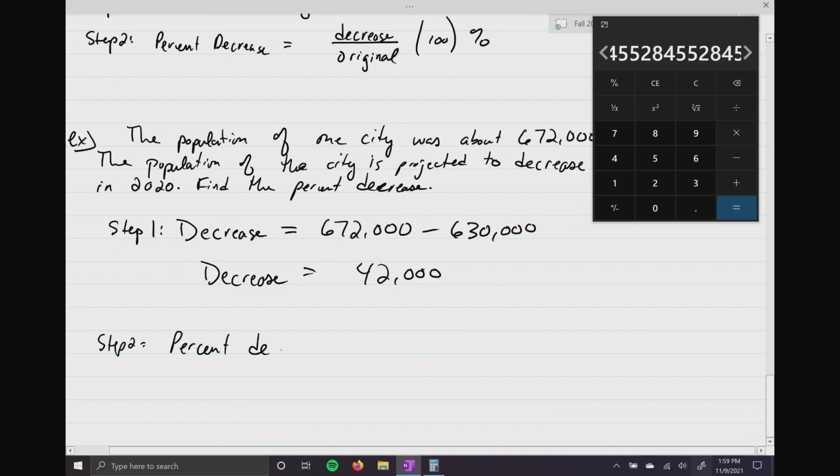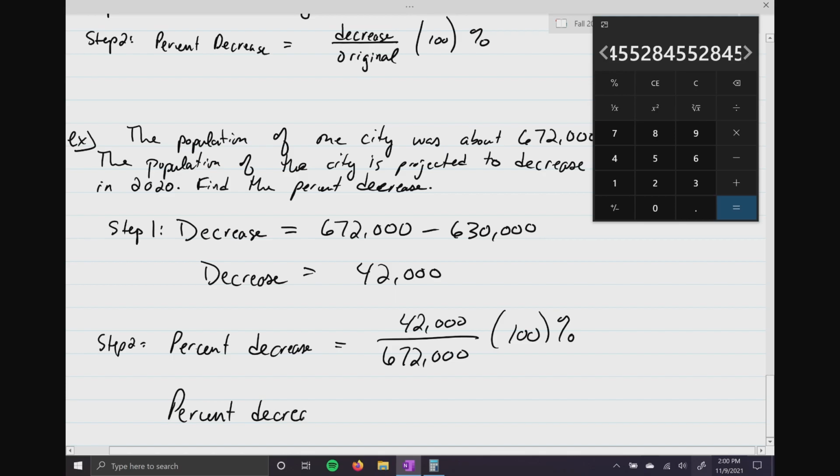So the percent decrease is going to equal 42,000 divided by 672,000. We're going to take that result, multiply by 100, and add our percent symbol. So percent decrease is going to equal, and I'm just going to make my life easier, I'm going to use my calculator here.